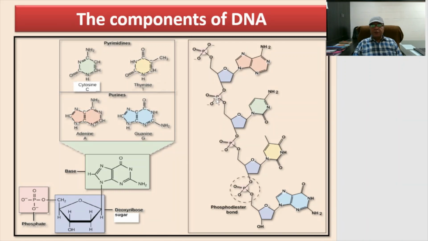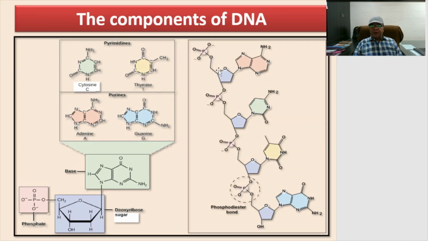The phosphate group is joined at this third carbon atom where the OH group remains free. Every nucleotide is joined at the third carbon position, which forms a phosphodiester linkage.